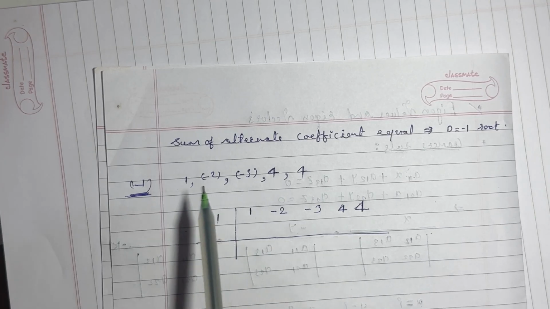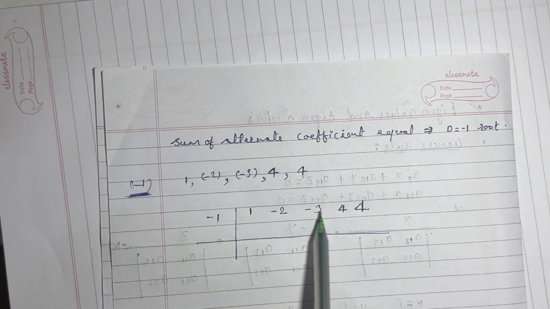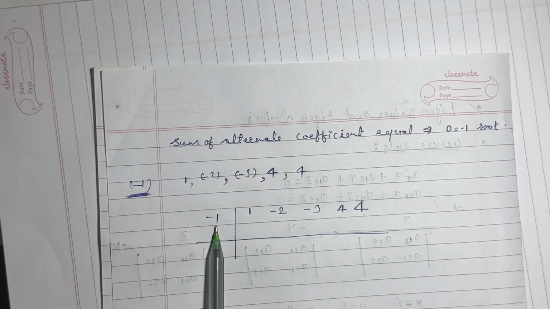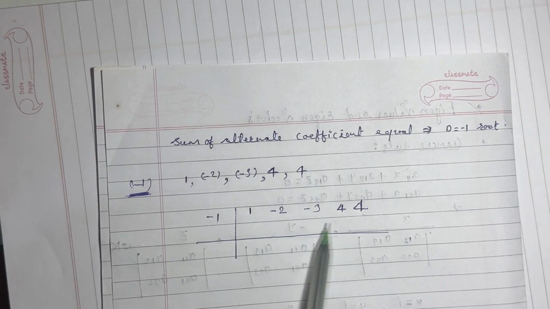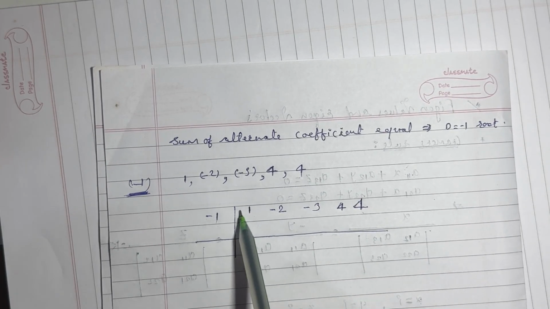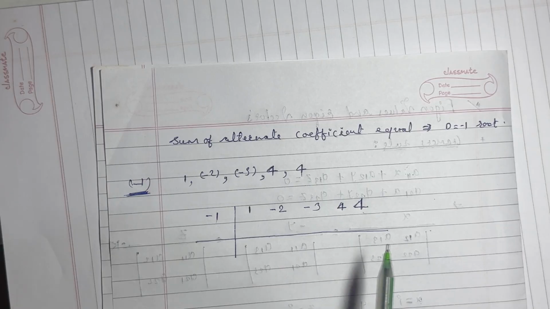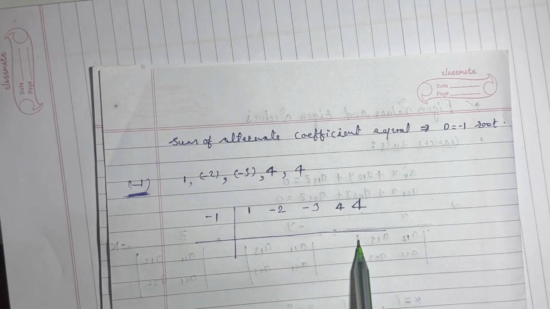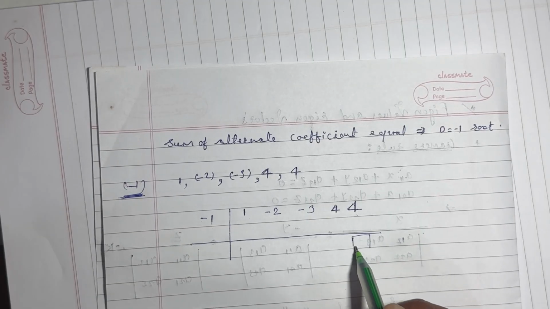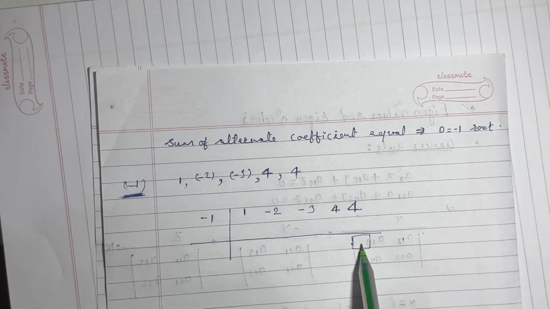This is the way we write these coefficients, checking whether -1 is a root or not. What is our next step? We are trying to reduce this, so that once we get 0 over here, obviously we'll reduce the 4. So our target is to make this last bracket 0.